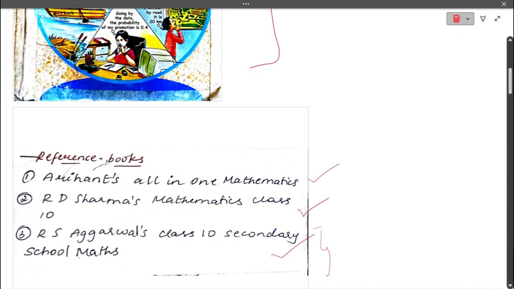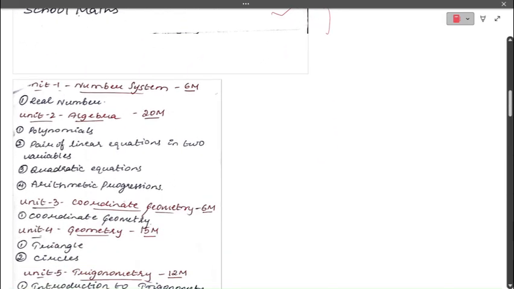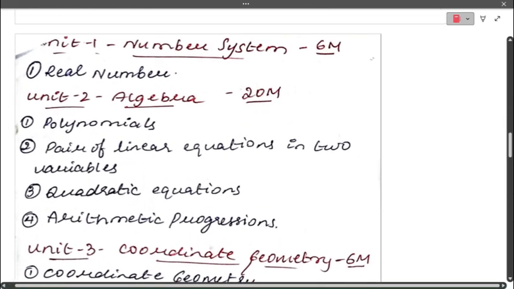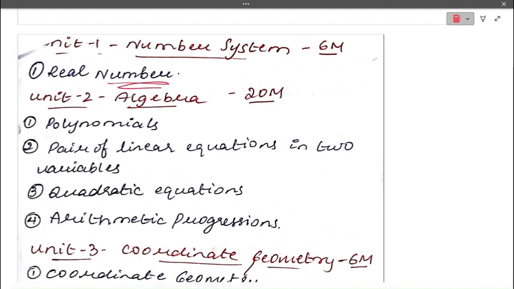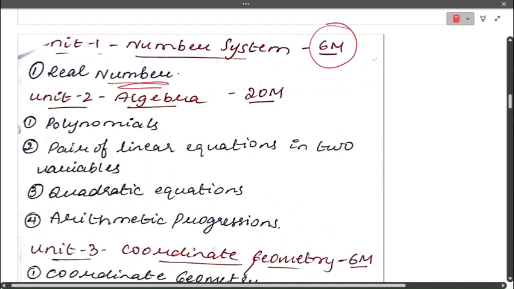Moving ahead, let's go for the content. The very first unit of our textbook consists of a chapter named Real Numbers, which has a 6 marks weightage in our board paper.